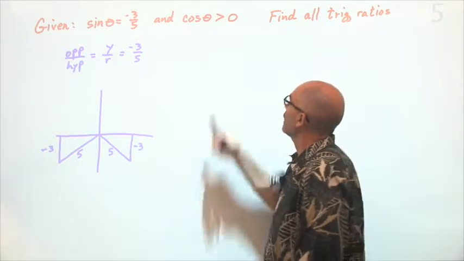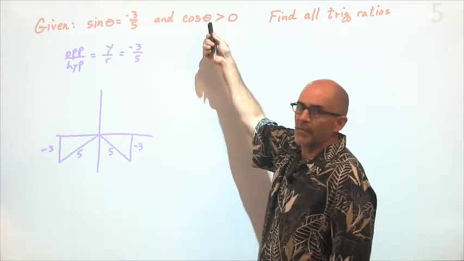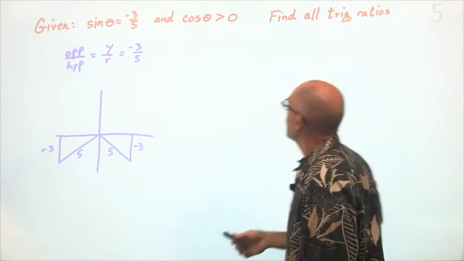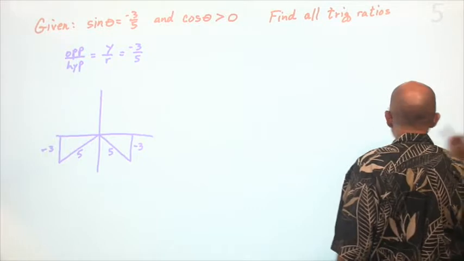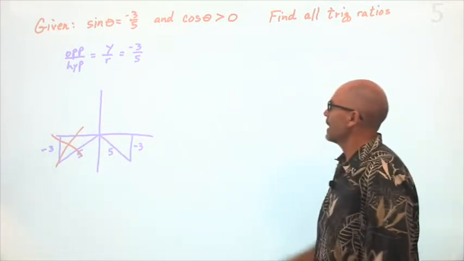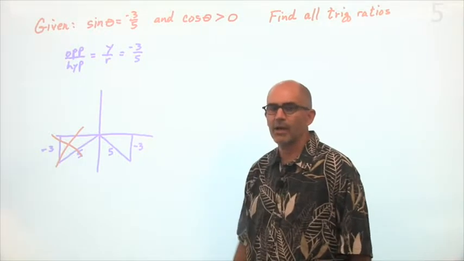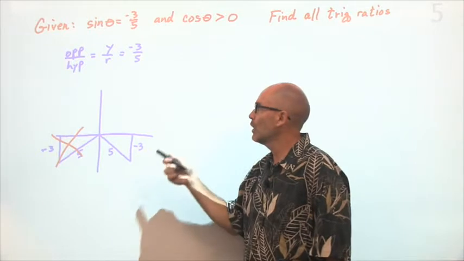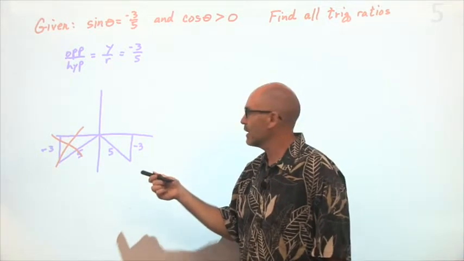That's why we need our second piece of information, that cosine is positive. So because I know cosine is positive, that means this angle is out, because it's got to be right for cosine to be positive. All right, so now I'm ready to look at all my trig functions.